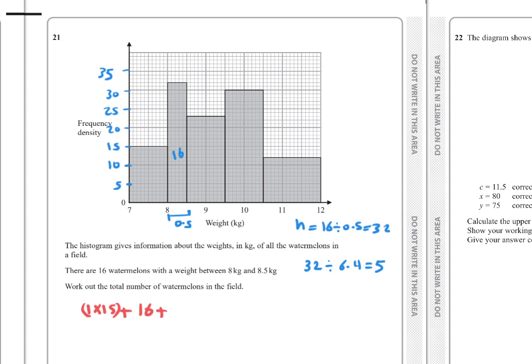For the third one, from 8.5 to 9.5, so 1 times 20, then 1 times 23, plus the next one, from 9.5 to 10.5, with height 30, so 1 times 30, and the last one, from 10.5 to 12, so 1.5 times 12, equals 102.